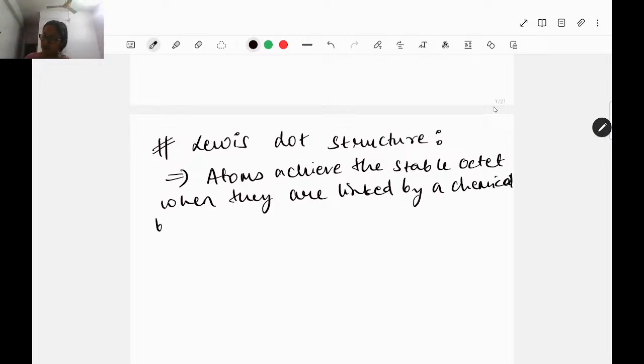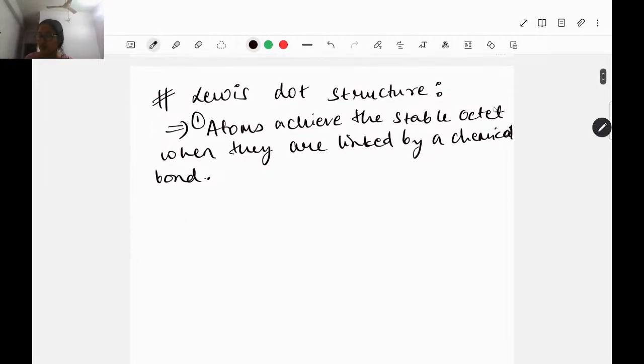I hope you can understand the writing. The main thing over here is we have to understand the octet rule, that each and every atom in any Lewis dot structure has to attain its octet. That is the first point of the Lewis dot structure.